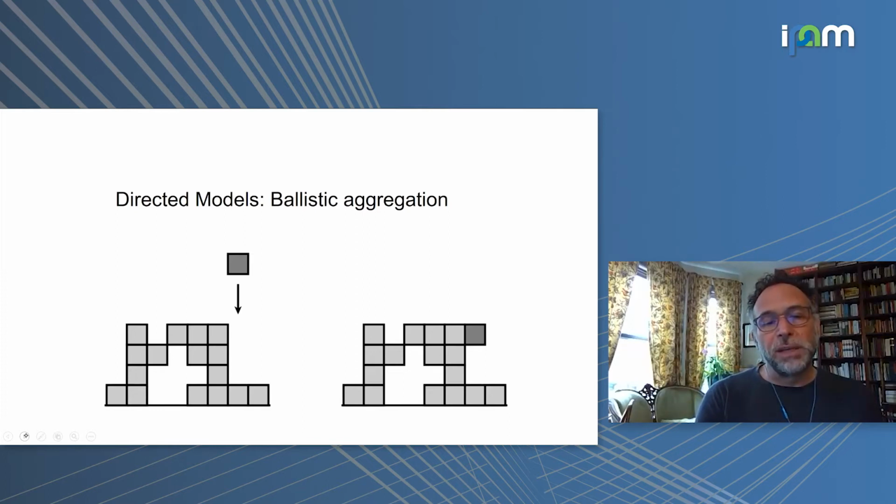So a directed model means that I've decided there's a height function, and now particles are falling from the sky and making little towers. So the blocks are falling as an independent Poisson process at every site, and they just pile up, and that pile up is the height function. So it's a height function over the one-dimensional integer lattice Z.